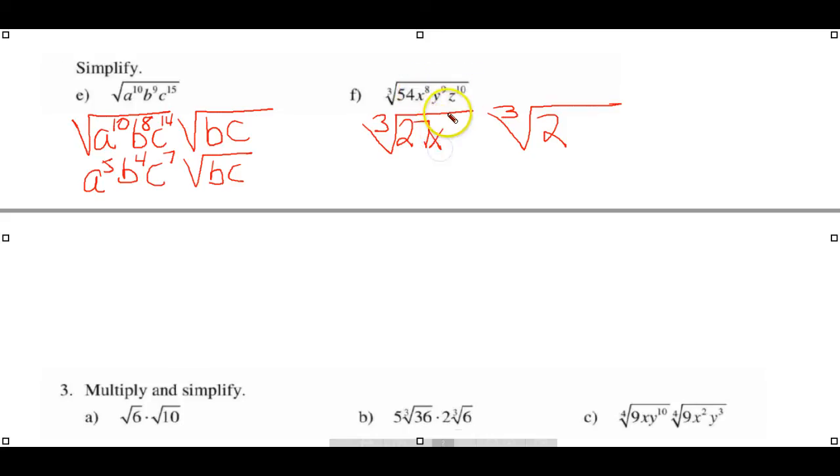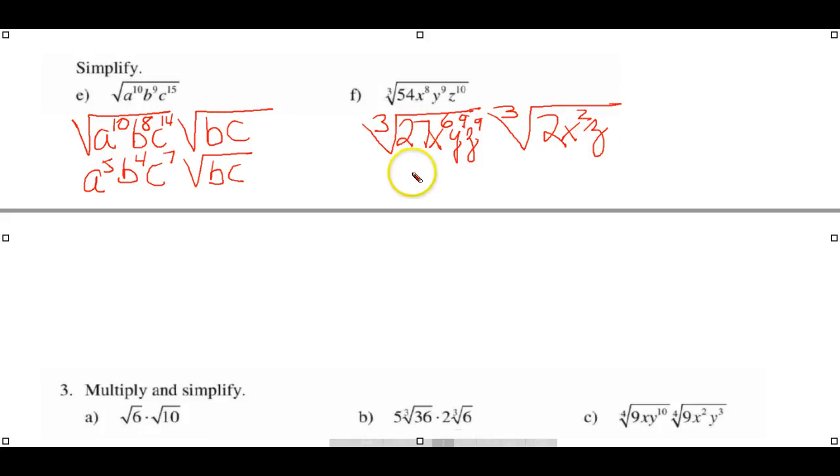So x to the 6th here, and we have x to the 2nd left over. Y to the 9th, z to the 9th, with a z left over. So again, we're factoring that by separating it into two factors. One that is a perfect cube, and whatever's left over.